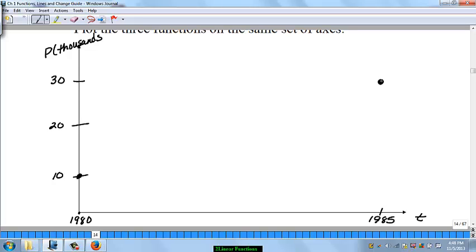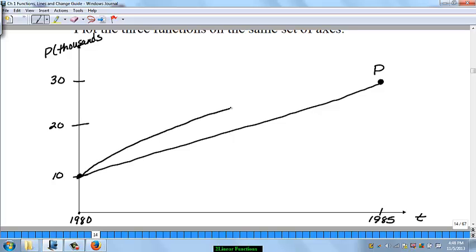Okay, now if I were to do 4,000 per year, that would give me a straight line, and this would be which town? Well, Town P actually had a rate of change that was constant, so it makes a line. Okay, Town Q started increasing kind of fast at first, and then it started decreasing a little bit over time, so it still ends up there, but it kind of looks like this.